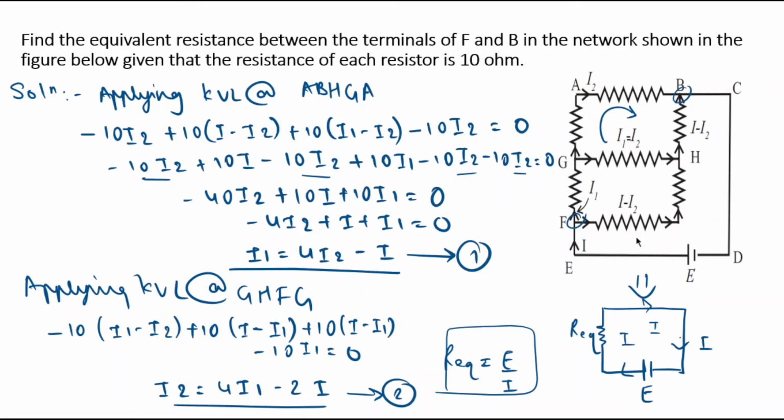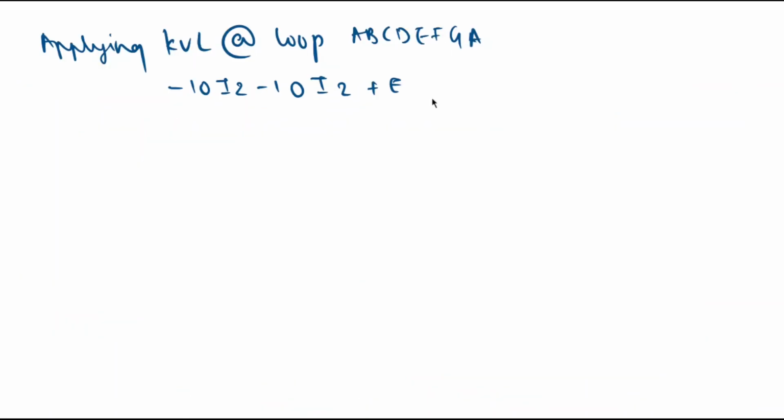We are applying the KVL for this loop in anti-clockwise. Minus 10 I2 minus 10 I2 plus E minus 10 I1 equal to 0, which will give you E equal to 10 I1 plus 20 I2.